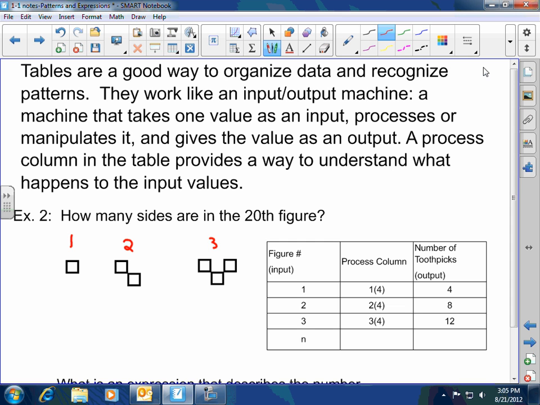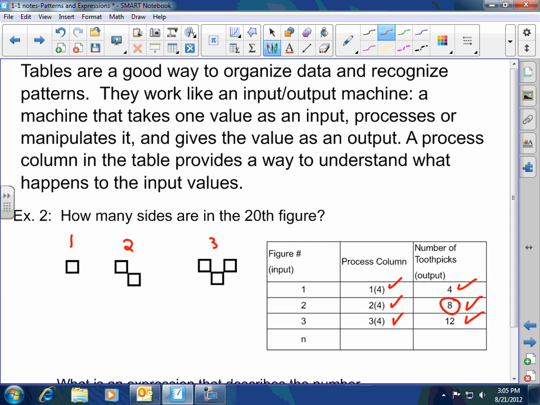The adding 3 isn't going to work, though, because in figure 2, if I just add 3 to 4, I'm going to get 7, not 8 sides. So it's going to be our first choice of multiplying each figure by 4. That's how we get figure 1 times 4 equals 4. Figure 2 times 4 equals 8. Figure 3 times 4 equals 12.